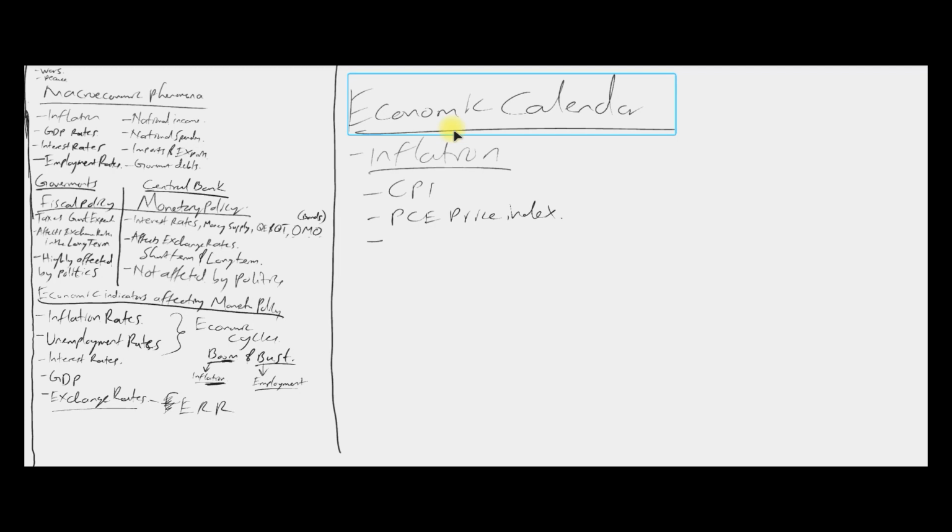There's also the GDP price index as another measure of inflation. There's also the producer price index as another measure of inflation. These releases are specific to the US economy. Other countries also have them, but they call them different names.